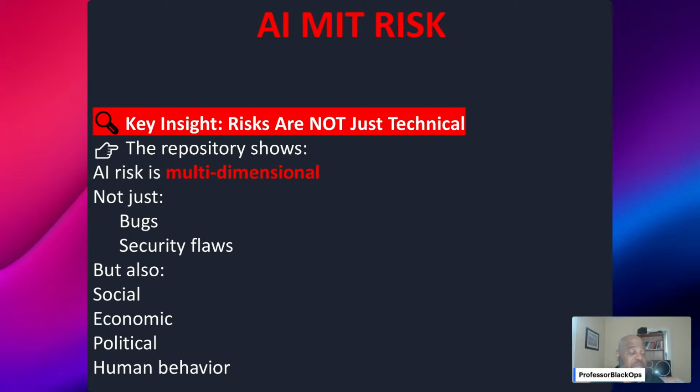AI risk is multidimensional, not just bugs or security flaws, but social, economic, political, and human behavior are all included in AI. And I think that's what makes AI unique, especially going forward. Everybody's ramping up to use AI.